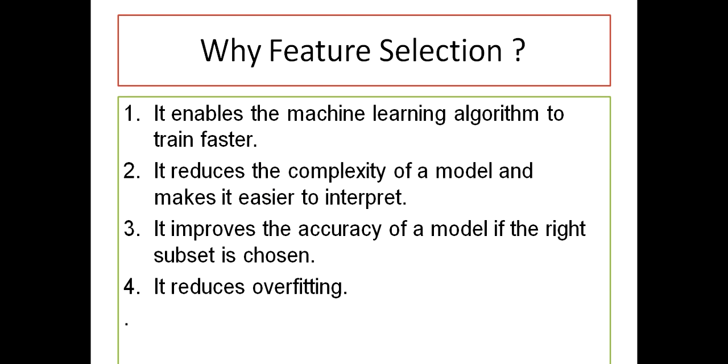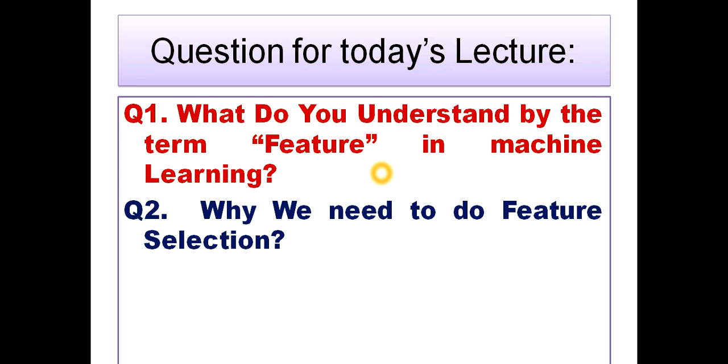So the fourth reason for feature selection is that it reduces overfitting. What is overfitting? Don't forget to comment on what you understand by the term overfitting. These are the four reasons why we employ feature selection before dealing with our machine learning algorithm.